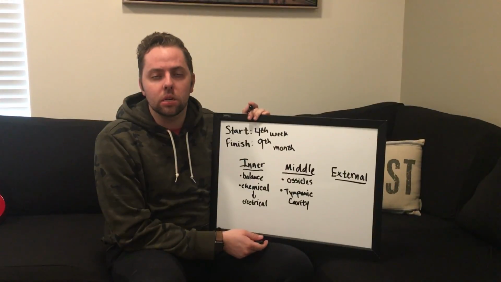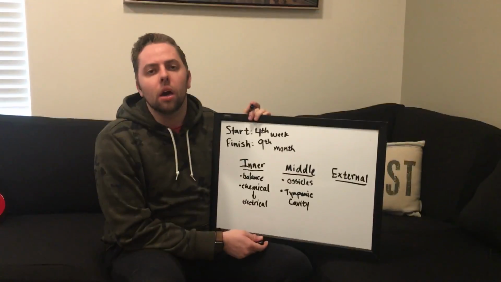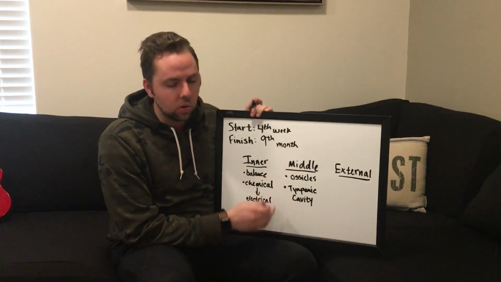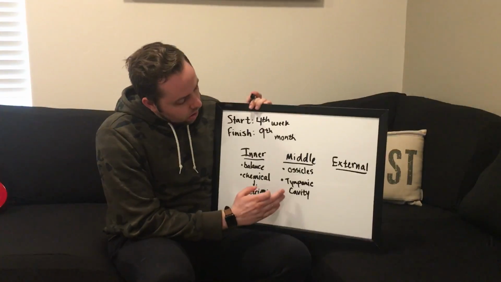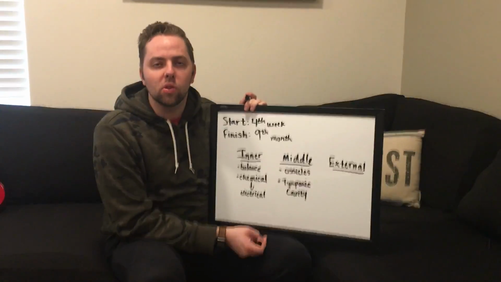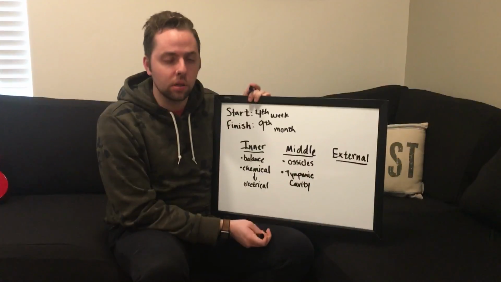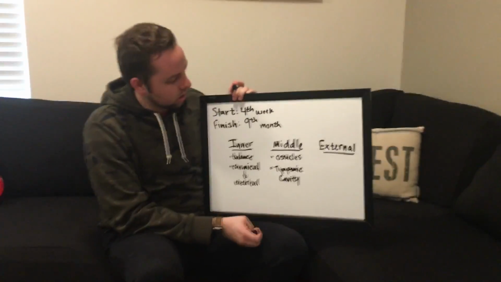Those bones connected to your eardrum are what connect the external ear to the inner ear. Those ossicles are called the stapes, the incus, and the malleus. The tympanic cavity is the cavity that surrounds those ossicles, keeps them in place, and forms during this 4th week to the 9th month of gestation.